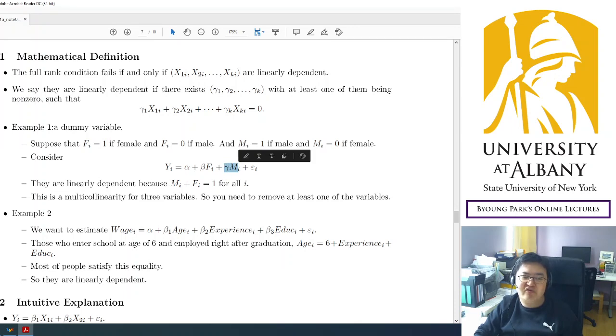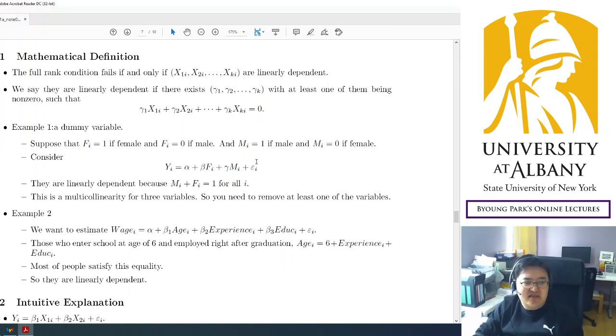So remove m from the equation. That's the only solution. For example, Stata does that, deletes one variable by itself automatically, recognizes the problem and takes action by itself. Anyhow, this is the simplest possible example of multicollinearity, and many students still face this problem.